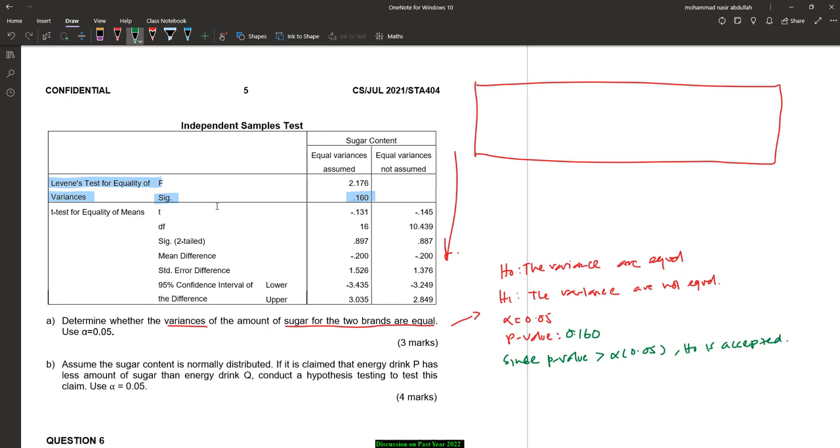So conclusion, the variance for both groups are equal. So 3 marks. Boleh?